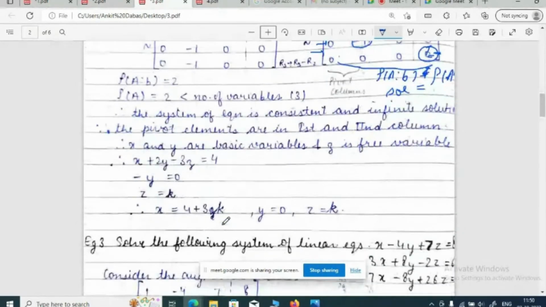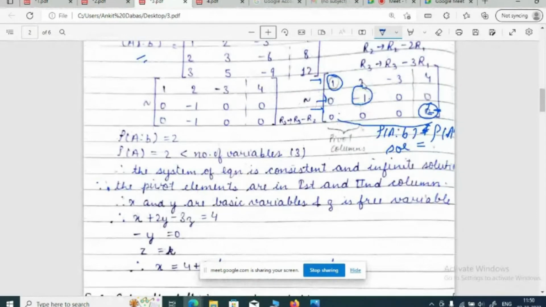For finding the infinite number of solutions, again write this in the equation form: x plus 2y minus 3z is equal to 4, minus y is equal to 0. We do not have any non-zero term for z here, so z is a free variable, and we can take it to be any scalar.